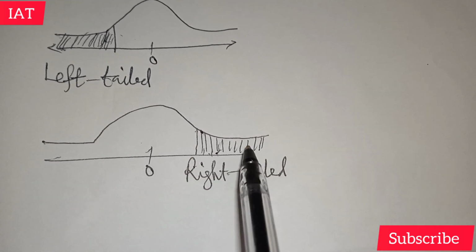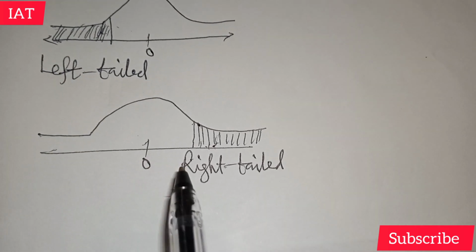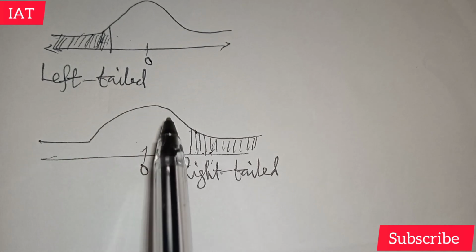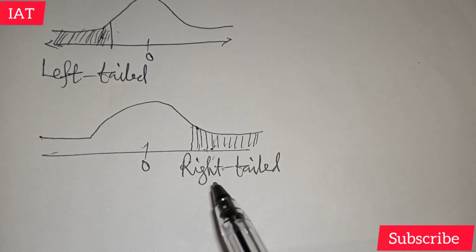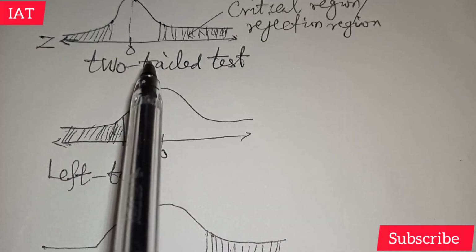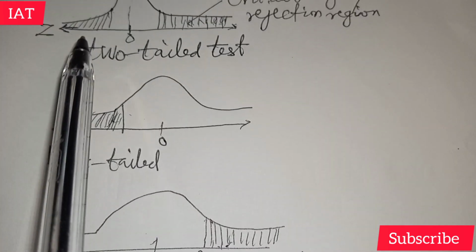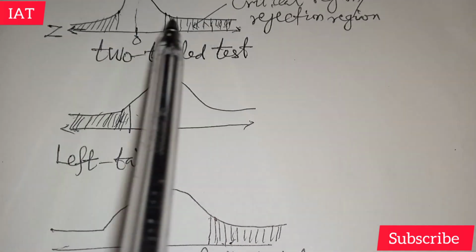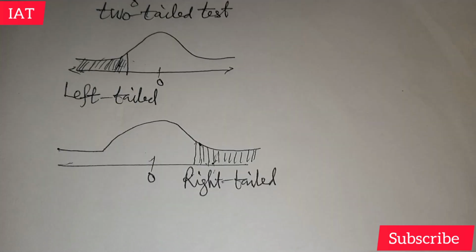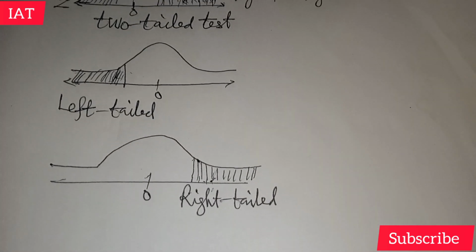Like in this case, this is one-sided, this one is one-sided, so that it is either greater than or less than a certain value, but not both. But if you see in this case, we have both critical areas shaded. So that's why we call it two-tailed, both the left and the right tail tests. All right, so that is enough for that step one.